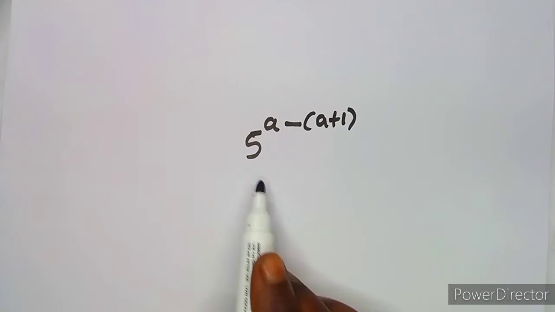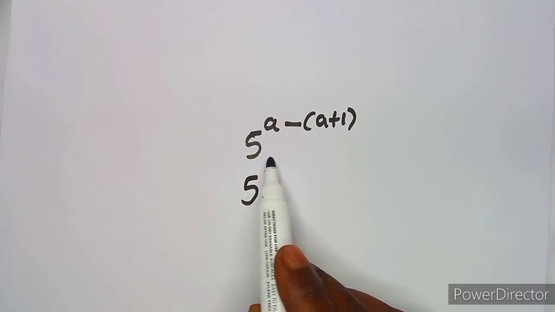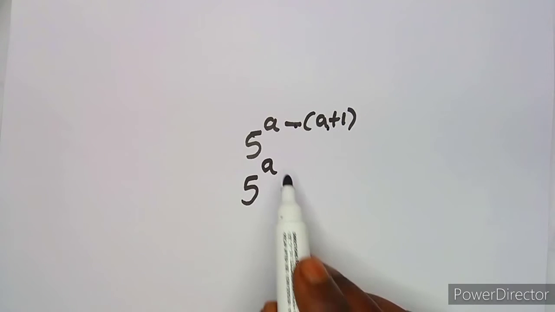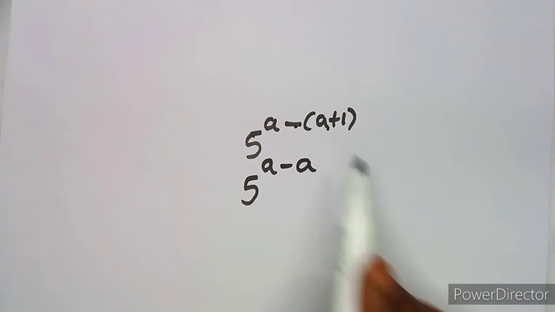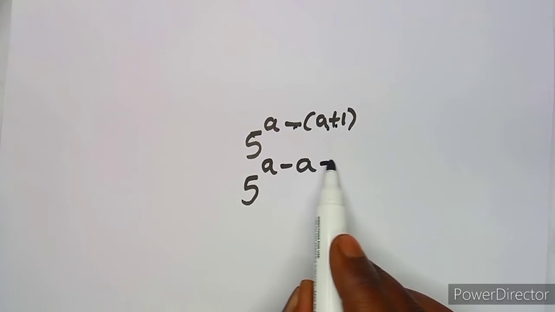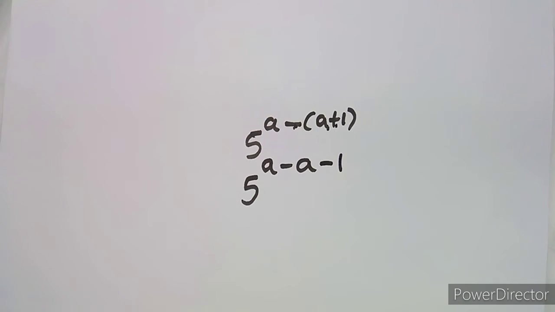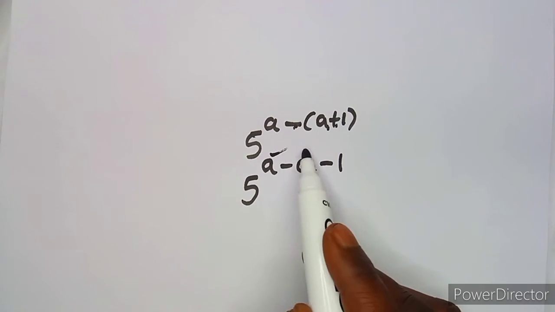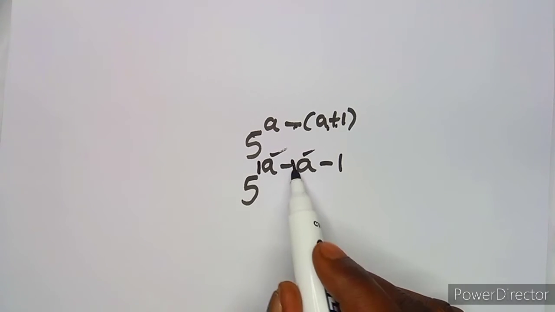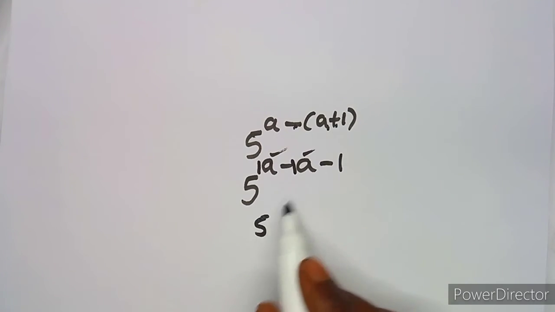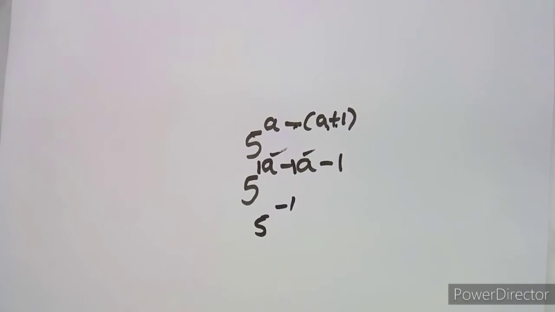All right, so you're going to have 5 to the exponent of a minus times a, that's minus a, and minus times plus, that's minus 1. All right, so a minus a, that's a 0. A minus 1, so 0 minus 1, that's minus 1.